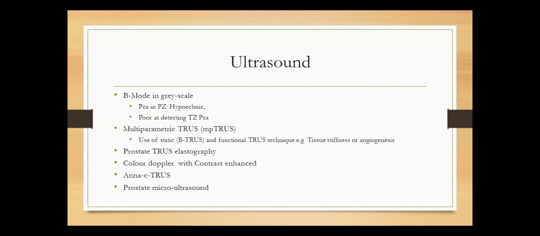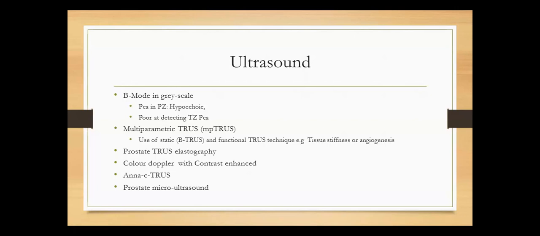The ultrasound we use is mostly B mode in grayscale, which, as I described before, shows hypoechoic lesions as malignant in the peripheral zone. And then we also have the multiparametric TRUS ultrasound, which is static B mode and has other functional techniques along with it, including the stiffness test and angiogenesis.